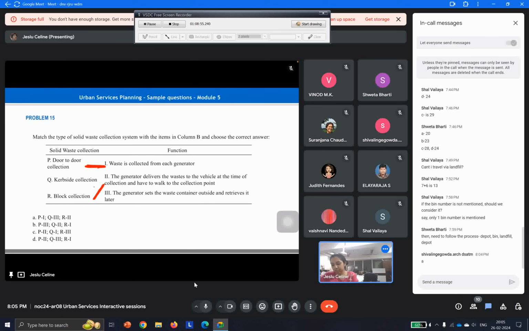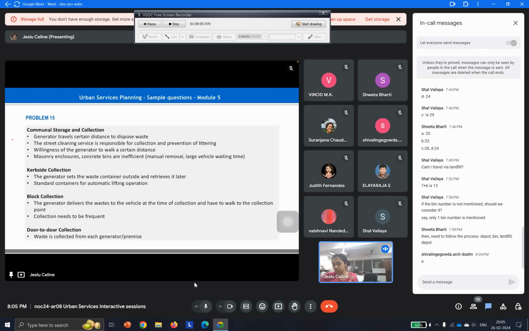Curbside is when the generator keeps the waste outside and then retrieves the container later. So that again works out to option A. This is what we saw in the lecture also. Door-to-door waste from the generator, block, curbside, and communal. We have already discussed, so let's proceed.